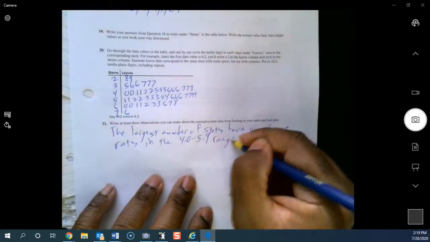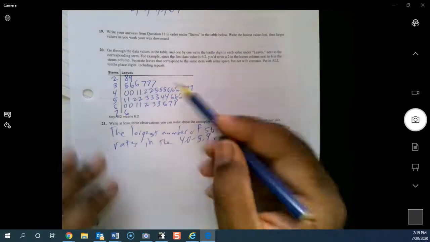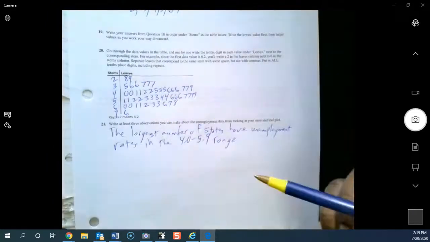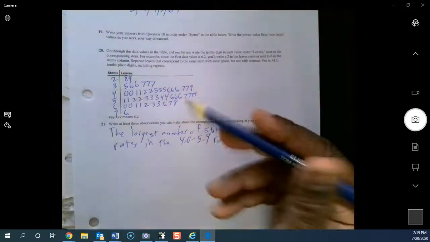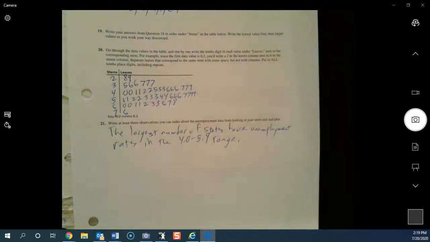Now, what happened was this here, they combined both of these. When you combine both of these, they have much larger values than all the rest. So from 4.0 to 5.9, that has the largest number of states have that as the unemployment rates.